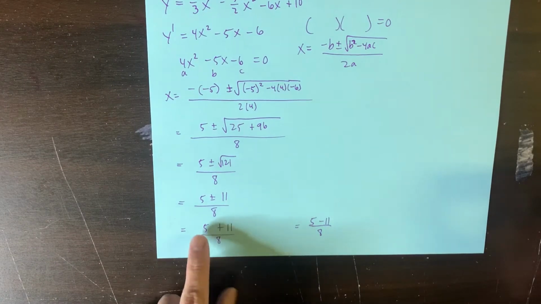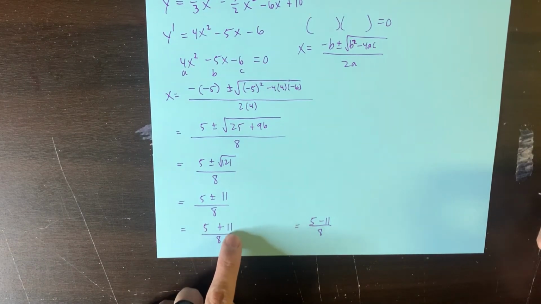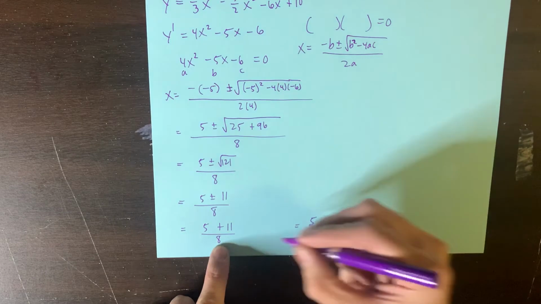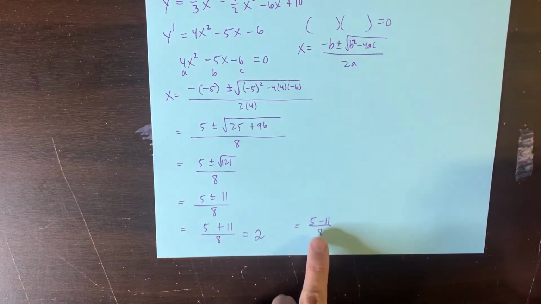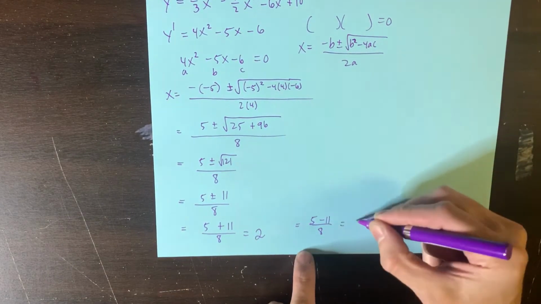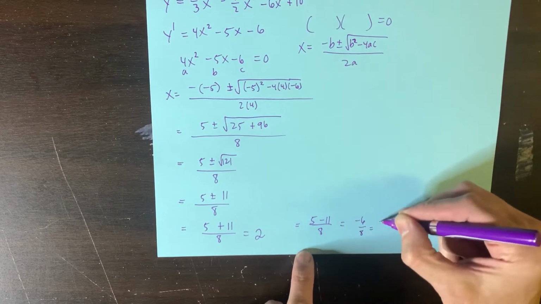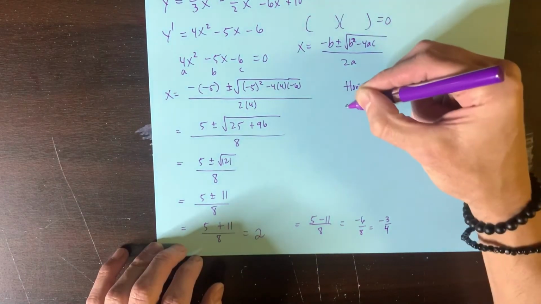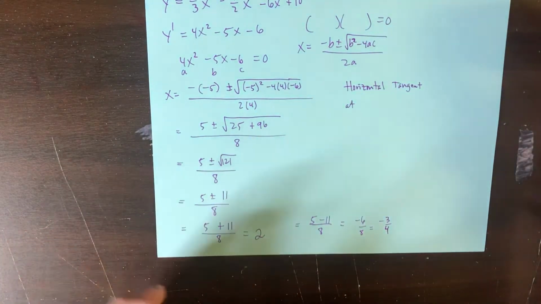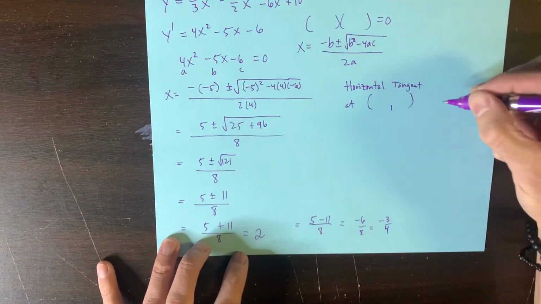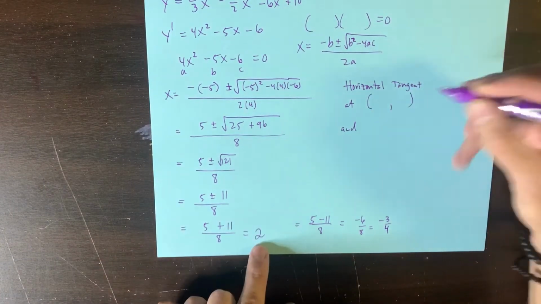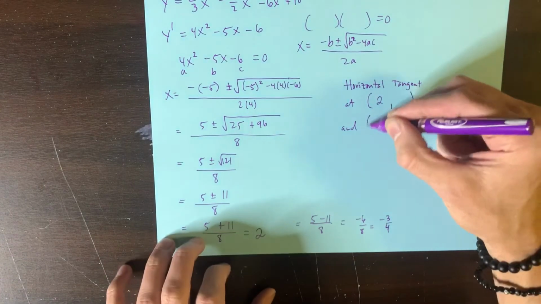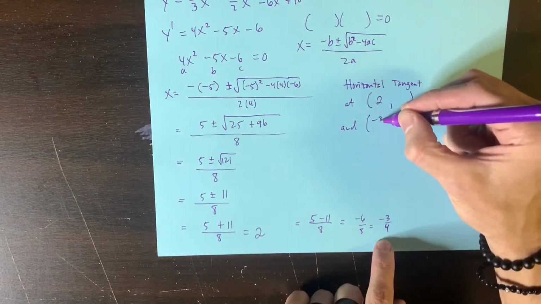I can evaluate them. 5 plus 11 is 16. 16 divided by 8 is 2. 5 minus 11 is negative 6 over 8. That's negative 3 over 4. We have a horizontal tangent at, well, there are two locations. One of them is at 2, comma, and then we'll see. And the other location is at negative 3/4.